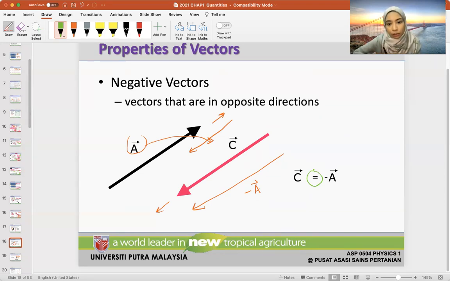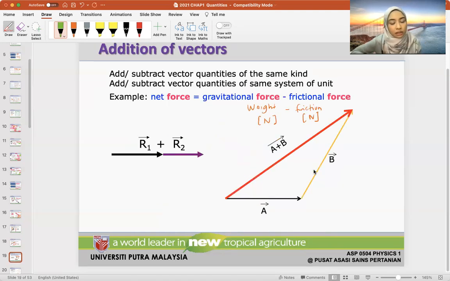Then we can talk about equality of vectors. This is talking about addition and subtraction. They have to be of the same kind. They don't necessarily have to be the same direction. Direction tak semestinya sama. Ni untuk addition, bukan equality. Kalau tambah, perlu sama unit, tak perlu sama direction.